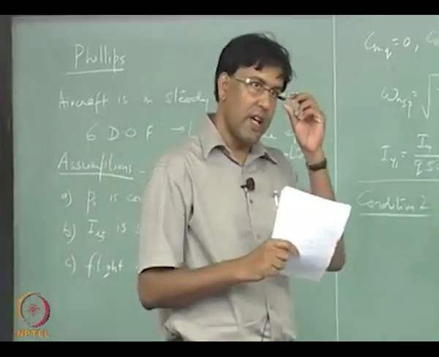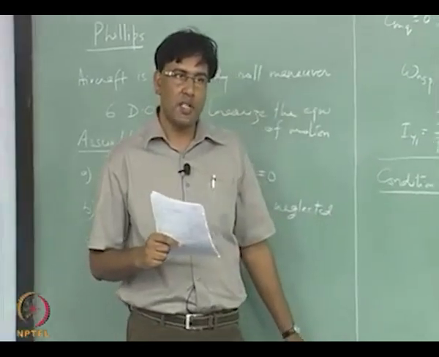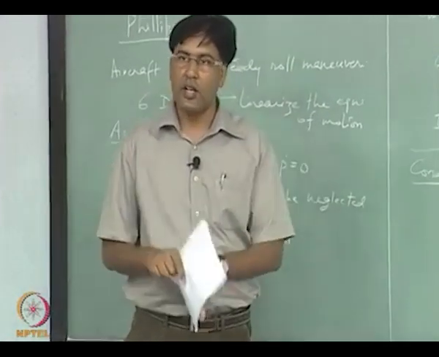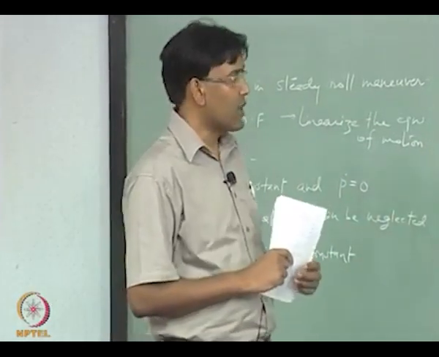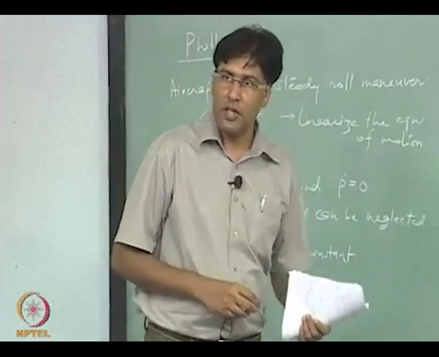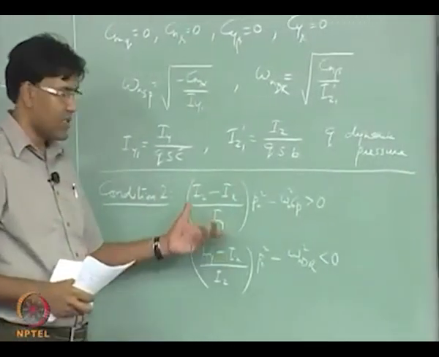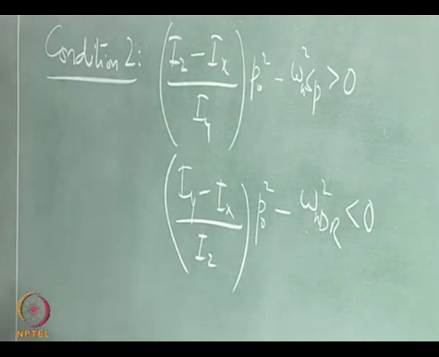So, this we have talked about previously. Whenever you have an aircraft which is fuselage heavy, I mean all the masses are concentrated towards the fuselage, there you will have instability because of the inertia terms, okay.